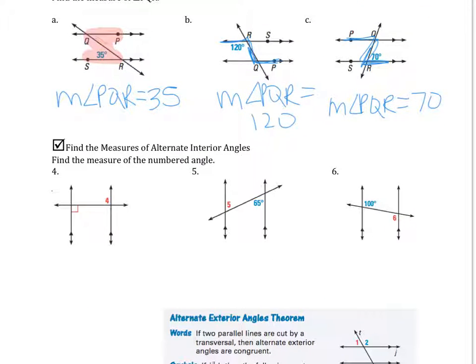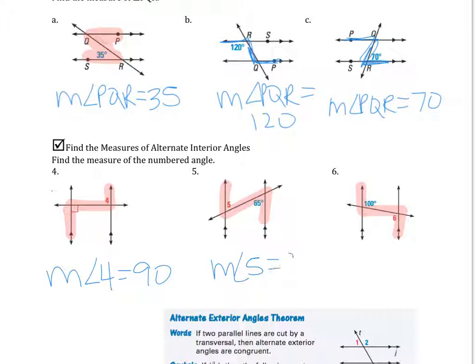Okay, so do the checkpoint, pause the video, draw your Z's or your N's. So alternate interior angles are congruent.